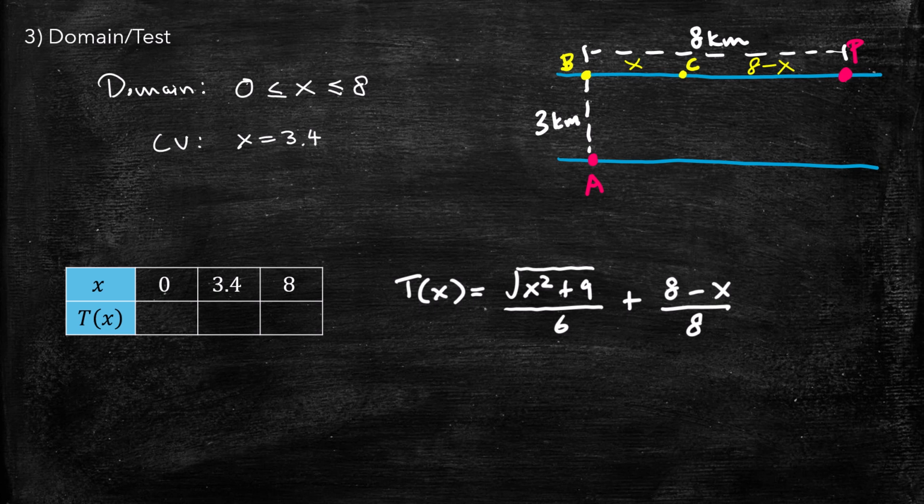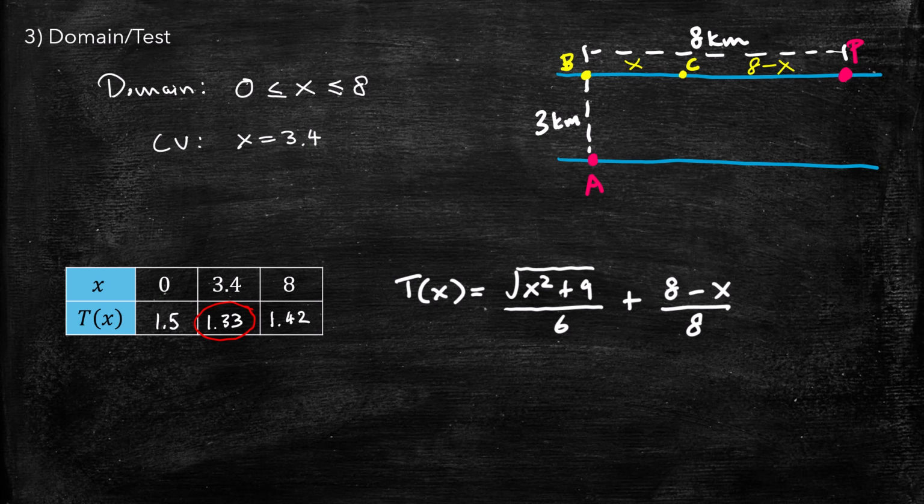If you plug in 0 for x, you would get 1.5 hours. If you plug in 8 for x, it takes you 1.42 hours. And if you plug 3.4 in, it gives you 1.33 hours. So in fact, this is the minimum time value on that interval.